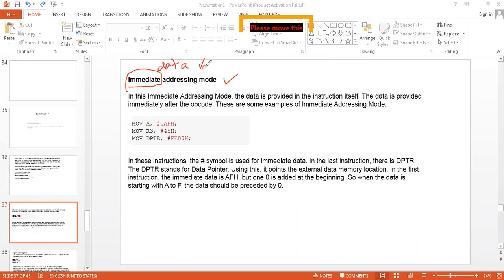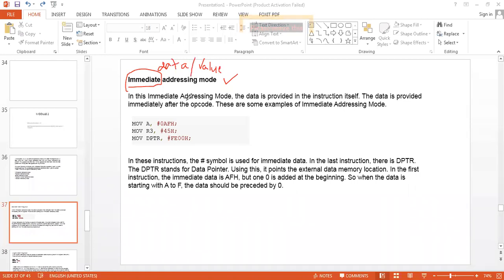So that direct value or direct data is going to be loaded into the register, or it is loaded into the memory. Okay, it is a data, or directly we can call it as a value.